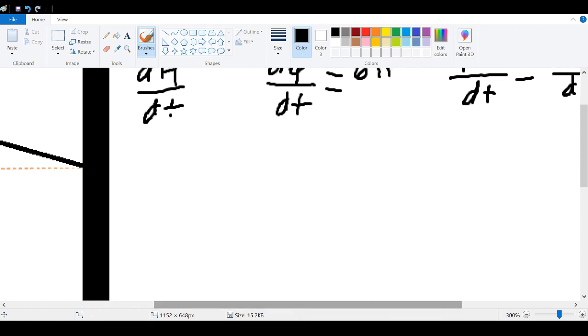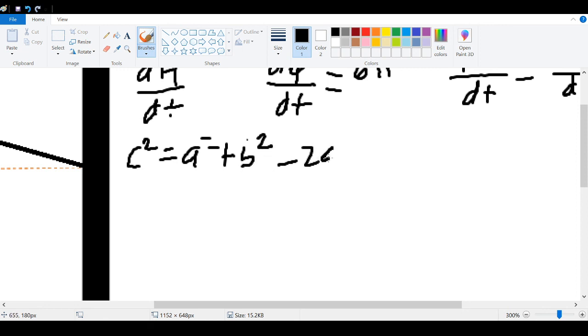And I'm going to set up my law of cosines in this form. c squared is equal to a squared plus b squared minus 2ab cosine of phi. And now, in our case, c is going to be 30, a is going to be 10, b is going to be h.